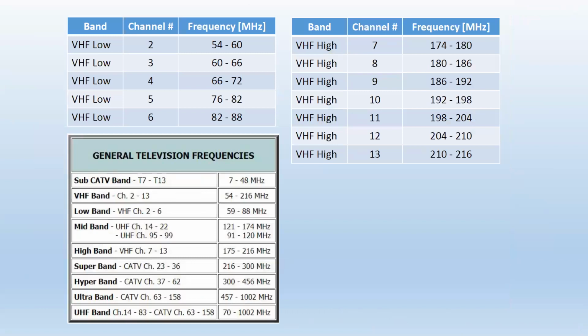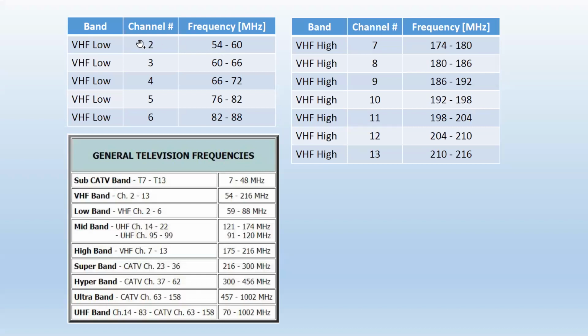Now, this one here is just to give you some kind of a visual of how the old TV channels, the analog signal, were distributed. Here's channel 2 of the TV, 3, 4, 5, and 6, 7, 8, and up to 13. It was something called VHF, the low band of the VHF. VHF stands for very high frequencies, and each channel would get 6 megahertz of bandwidth to transmit the content.